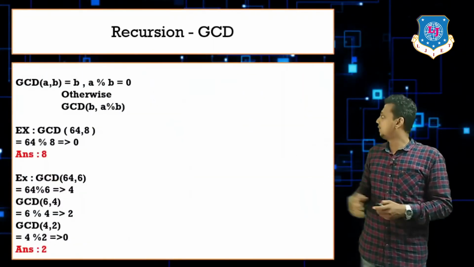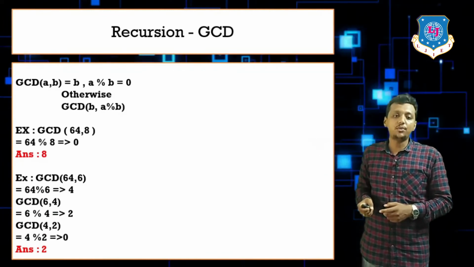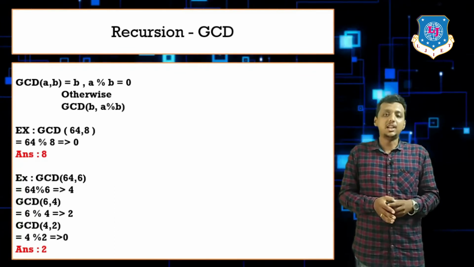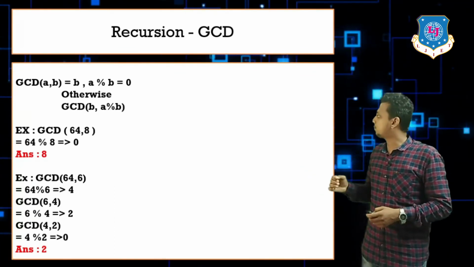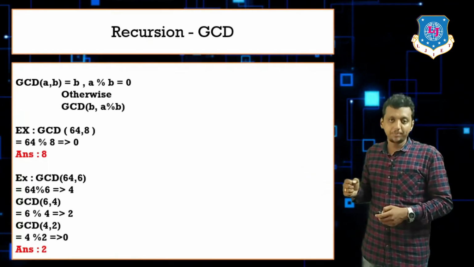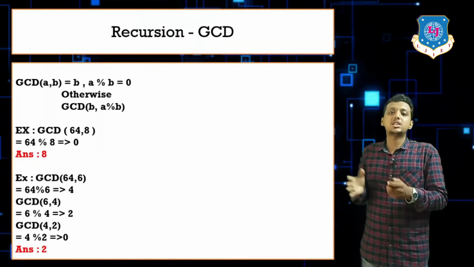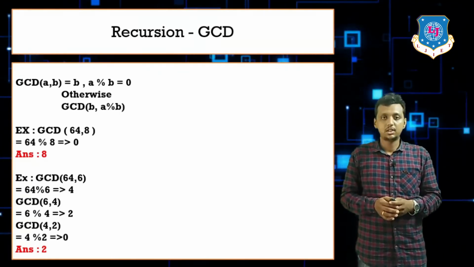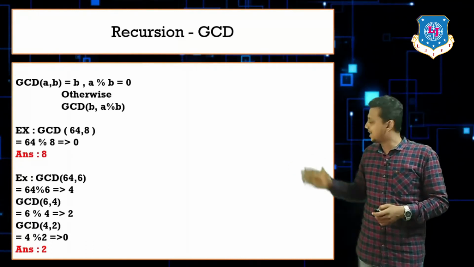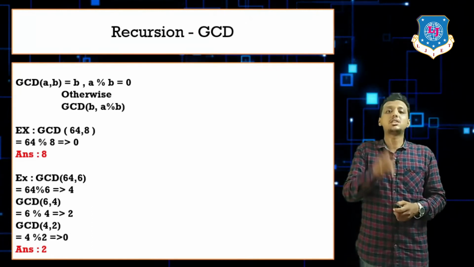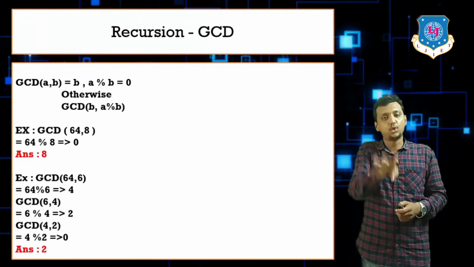If I want to calculate the GCD of 64 comma 8, 64 modulo 8 returns 0. The remainder is 0, so the answer is 8 itself. But in the next example, students, if you see 64 comma 6, first I find 64 modulo 6, which returns 4.